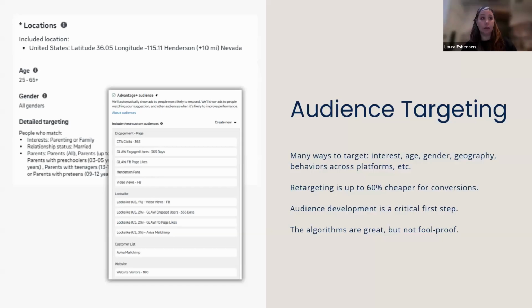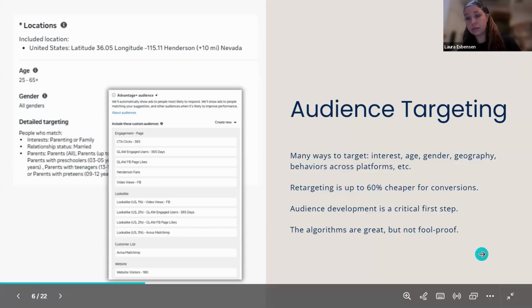So use them, but be critical about your results. We had a recent campaign that drove a ton of web traffic, but no sales. And the specific goal conversion for the client was sales. So in that sense, that ad targeting was a failure, even though from the algorithm's perspective, it was a success.